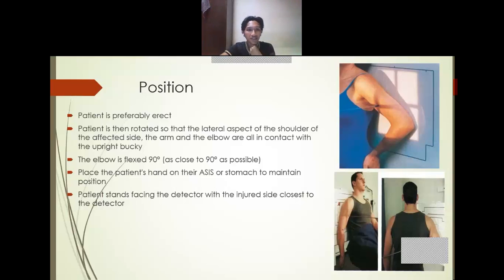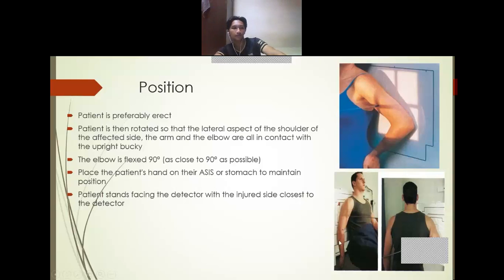The patient is preferably erect, to make it easier to get a good image to give to the doctor. The patient is then rotated so that the lateral aspect of the shoulder of the affected side, the arm, and the elbow are all in contact with the upright bucky, right here and right here.